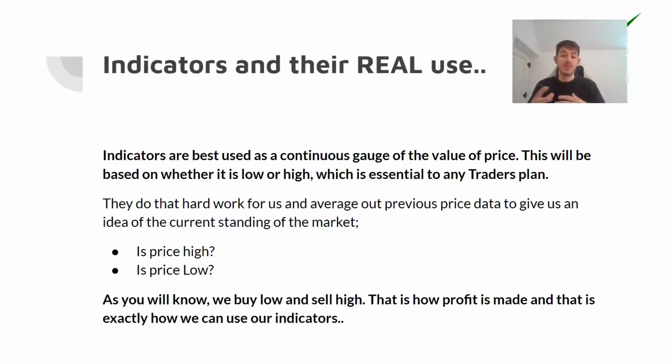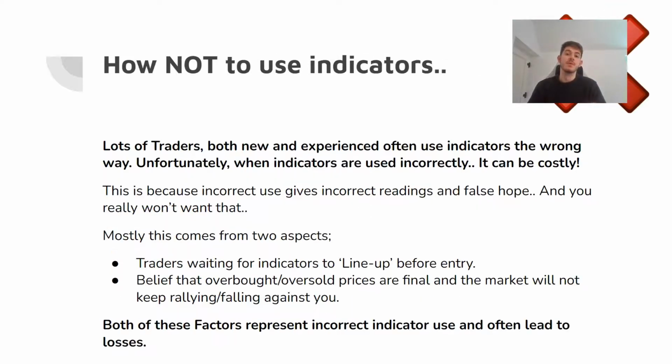That's really what things like moving averages and any indicator really do. They just take data from the price chart and average it out to show us a value over time illustrated on a chart. So that's going to show us whether price is high or low, and we need to know that at all times. Therefore we can make profit over time because we're using our indicators properly to buy low and sell high.